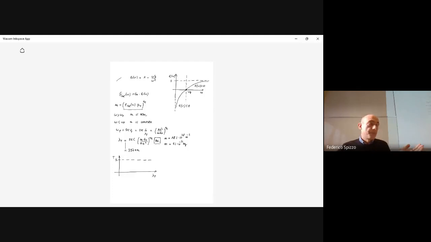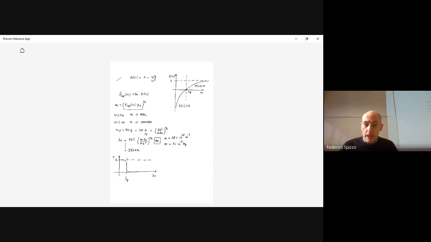If you have full transmission, then T is equal to 1. If you have full absorption, then T is equal to 0. So what is observed is that close to lambda p, you have a transition from 1 to 0. So you have this transition from the typical metallic behavior that we observe in the visible light range to what is actually predicted from this model.